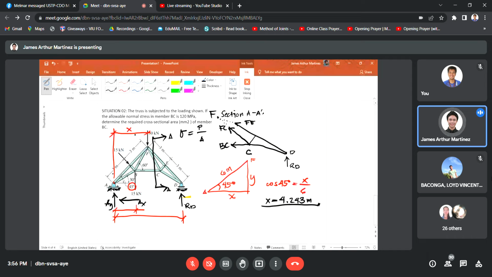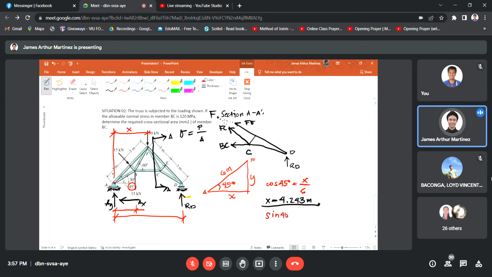So we now have the moment arm of the 30 kilonewton force. For y, since this is 45 degrees, they are actually the same value. But let's solve it using the SOHCAHTOA relationship. y uses the sine function.